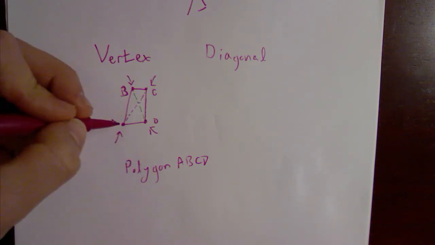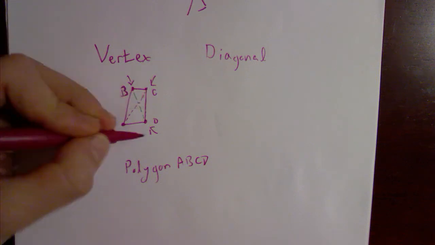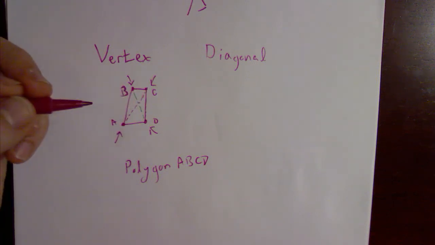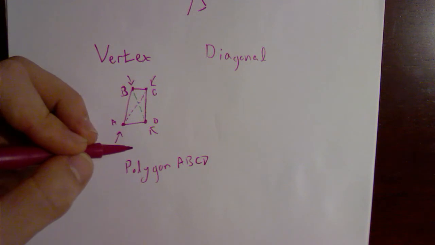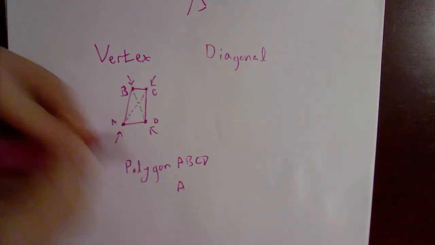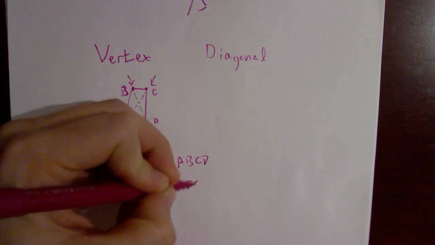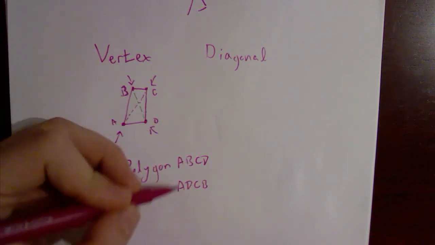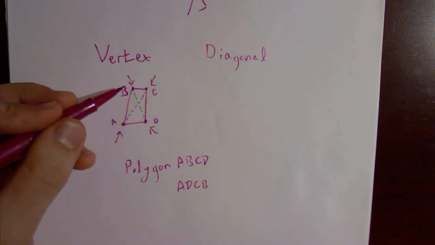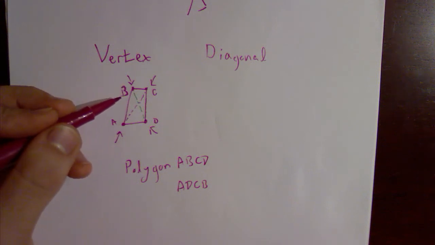So one name for this polygon is A, B, C, D. Another good way to name this polygon could be maybe A, D, C, B. As long as I draw out that polygon in the order that I say the vertices that make it up, then it's an okay name.